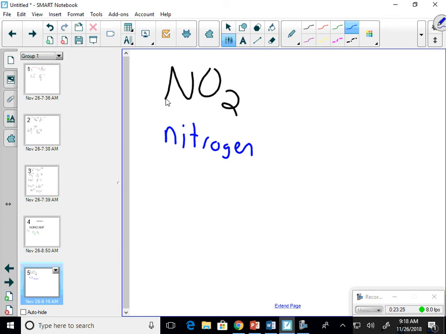O2 means I have 2 oxygens. When you have more than one of an element, you need to look at that Greek prefix table. Di is the prefix for 2, and then oxygen, we still make it end in an I to show it's bonded to something else. NO2 is nitrogen dioxide.